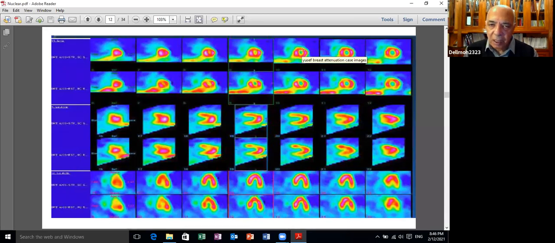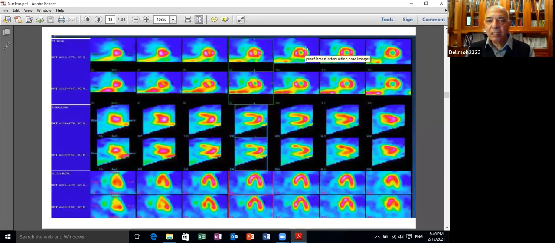In this kind of patients with large breasts or muscular men, sometimes it appears in the inferior wall from diaphragmatic attenuation. Always, you will get a defect in the resting that disappears during exercise.